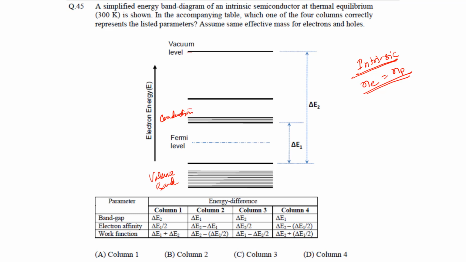And this complete system is at 300 K, which is basically room temperature, because room temperature is 273 plus 25, means 298 Kelvin.